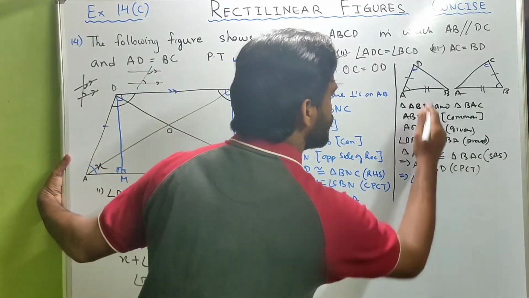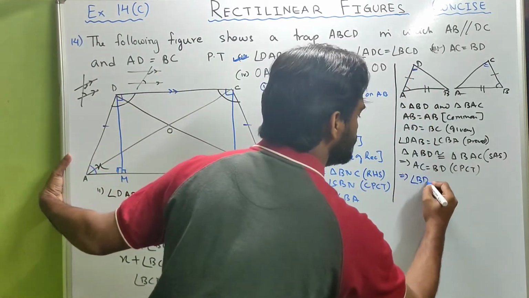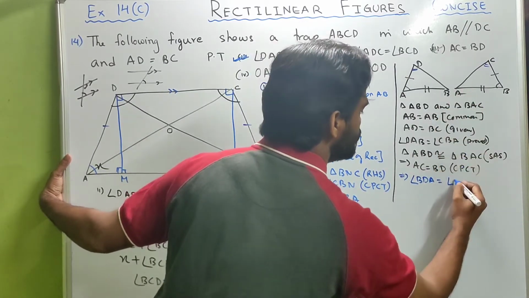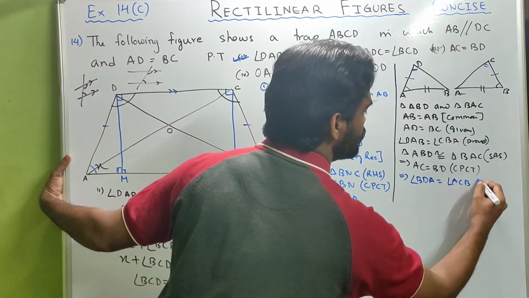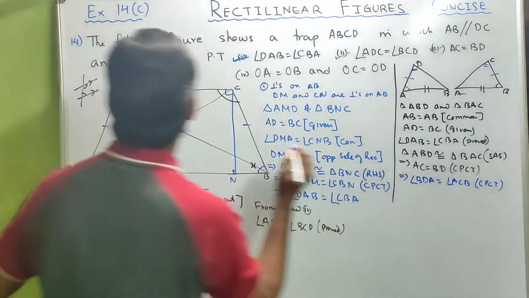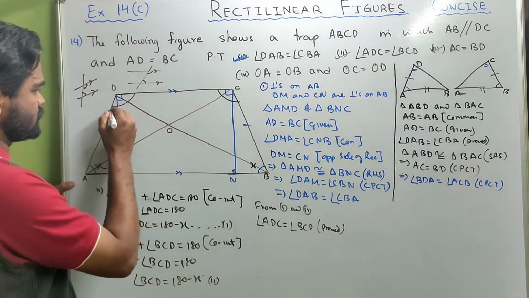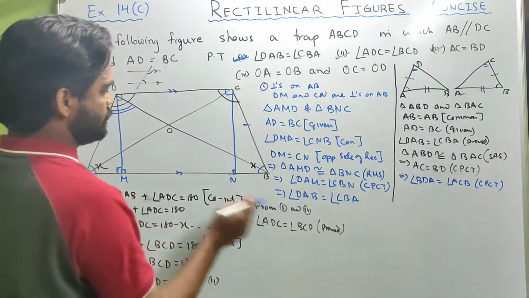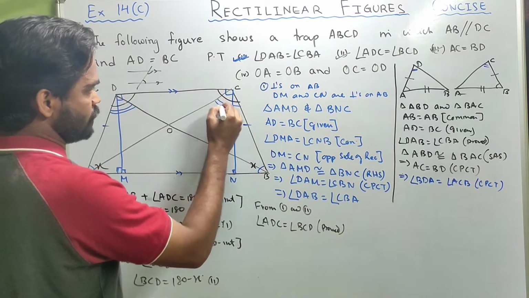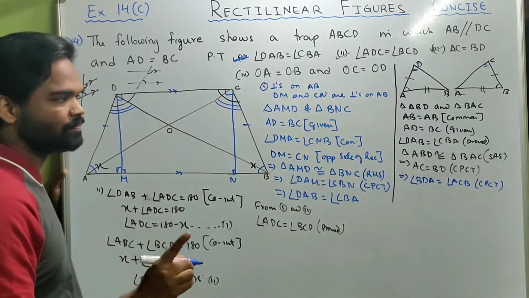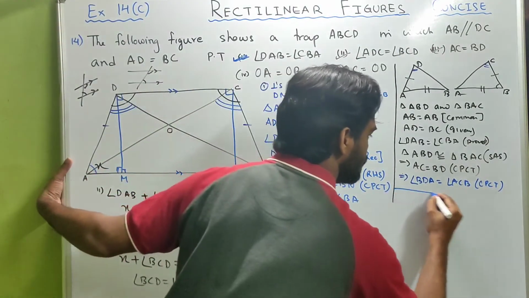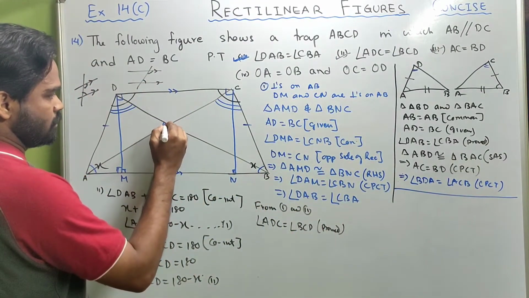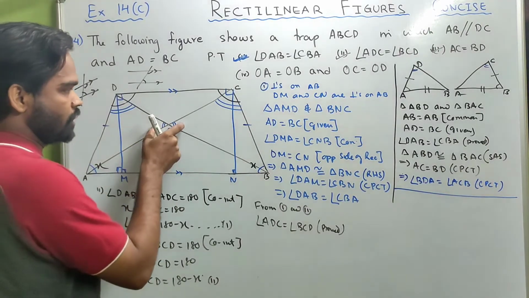Angle BDA is equal to angle ACB, CPCT, which means this angle and this angle are equal. Now our work is very simple. Look at these two triangles. This and this angle are equal, vertically opposite angles.